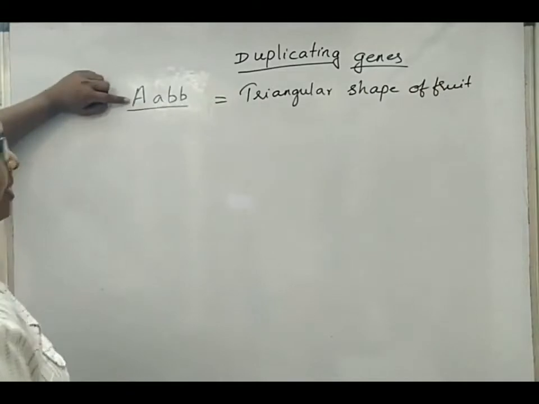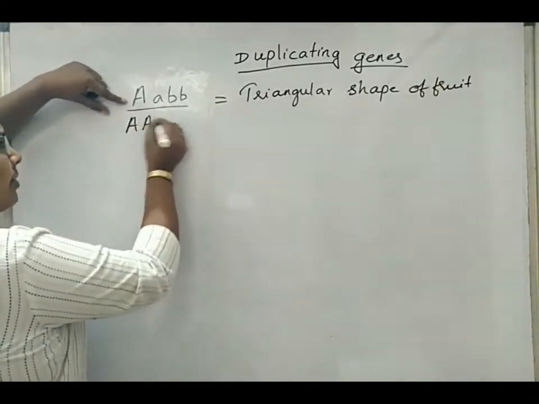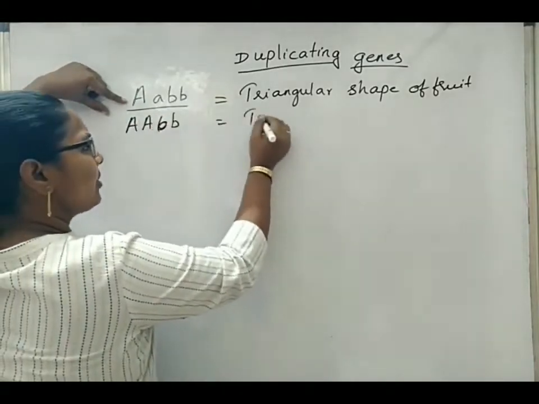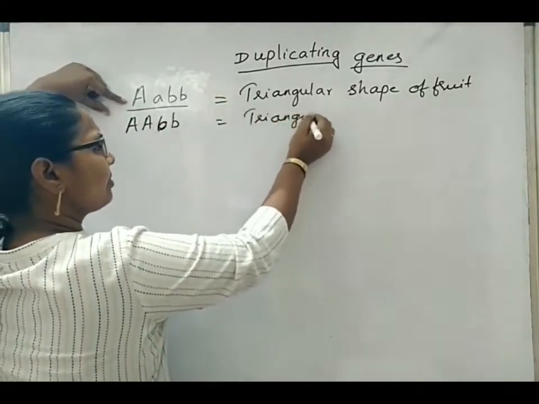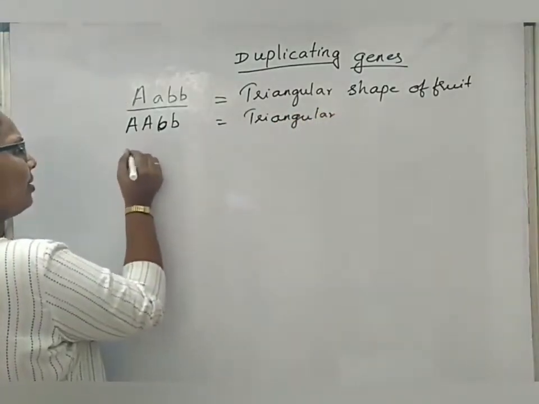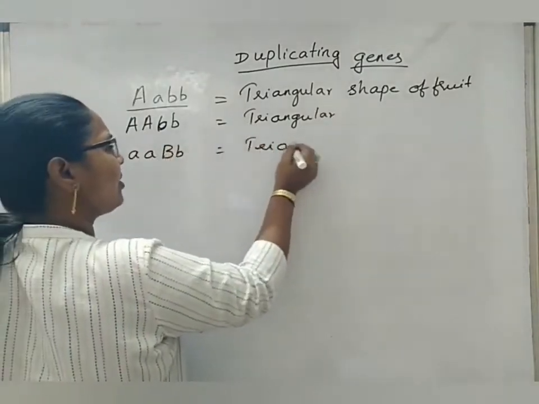Now, not only this. If there are two dominant alleles, then also the shape is triangular. If it is like this, or like this, then also a triangular shape of the fruit.